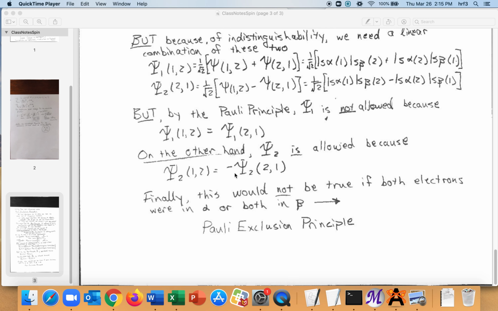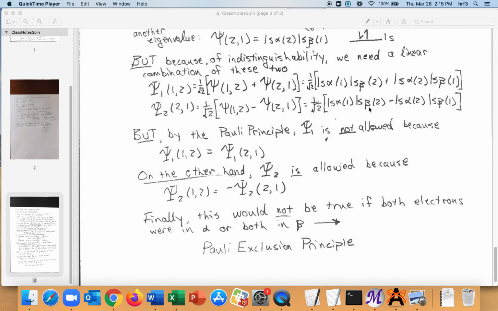Okay, and then finally, how does this lead to the Pauli exclusion principle? Well, psi 2 would not be allowed if both electrons were in alpha or in beta. If both of these were alphas, then it wouldn't be antisymmetric anymore, or if they were both betas.